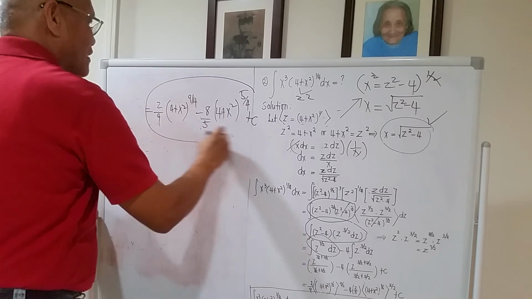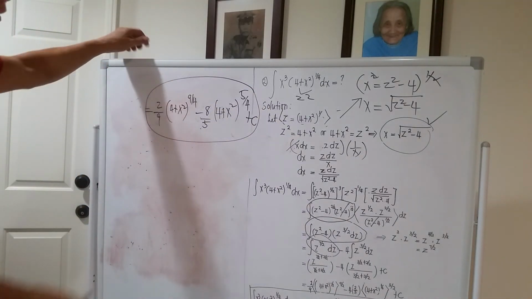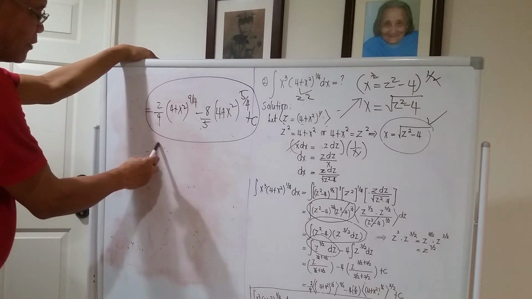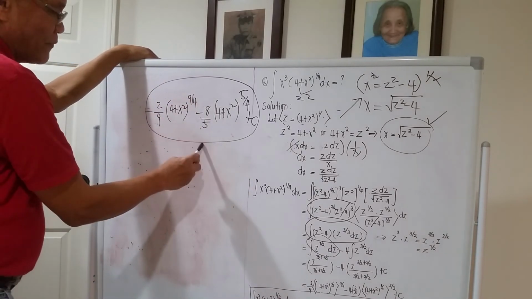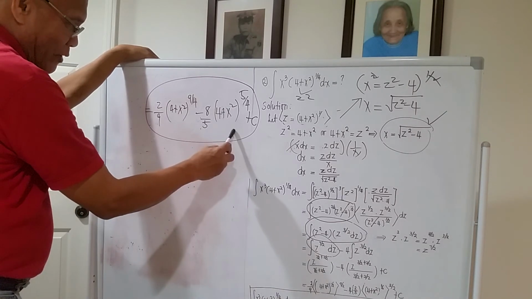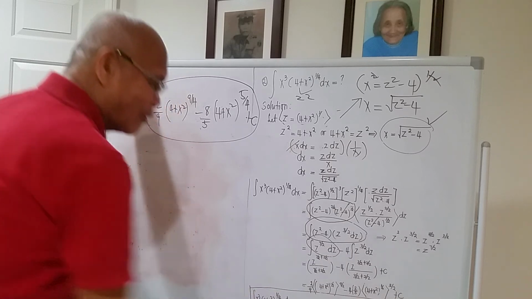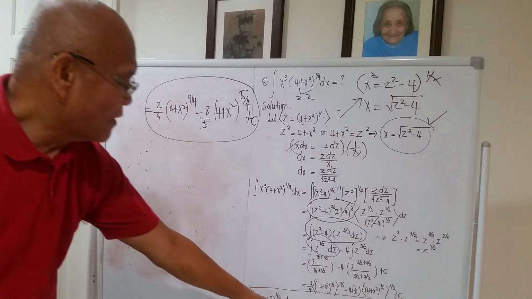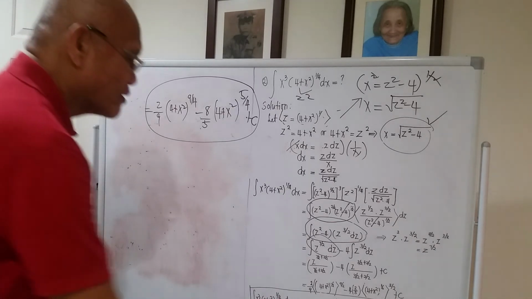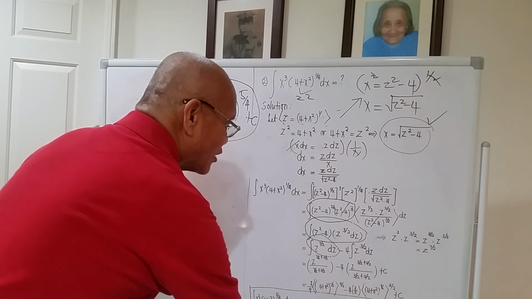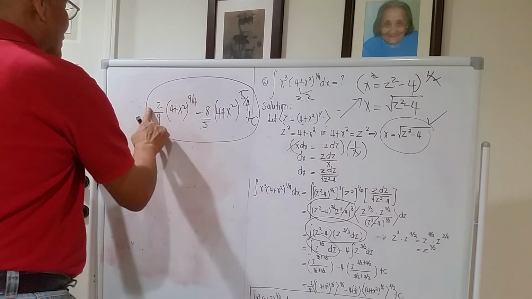So this is the final answer. 2 over 9, quantity 4 plus x squared raised to the 9/4, minus 8 over 5, quantity 4 plus x squared raised to the 5/4, plus c. You cannot see it, this is too low. The second one should be minus 8 over 5, the first one is plus.